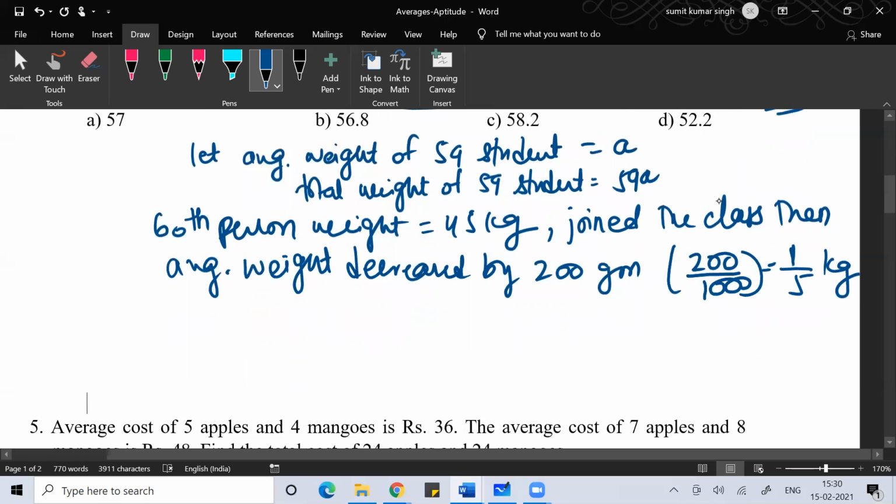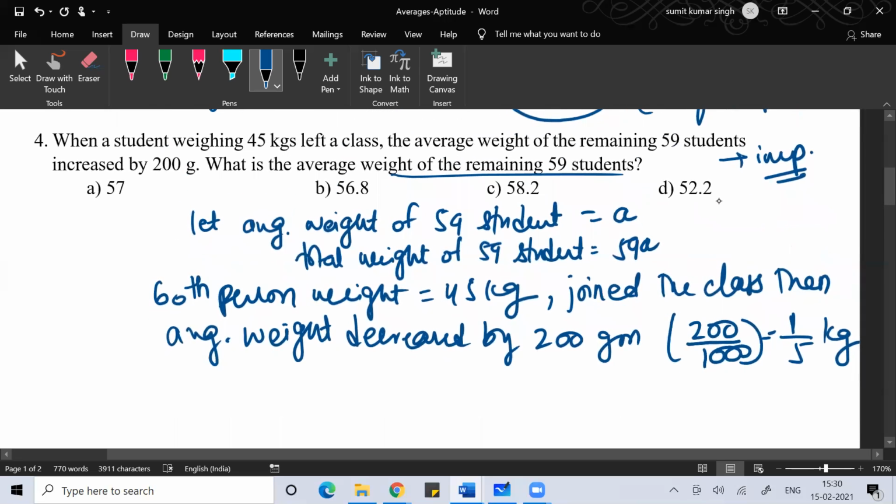So the average weight of 59 students I assumed as A, so the total weight of 59 students is 59A. When the 60th person whose weight is 45 kg joins the class, the average weight decreases by 200 gram.